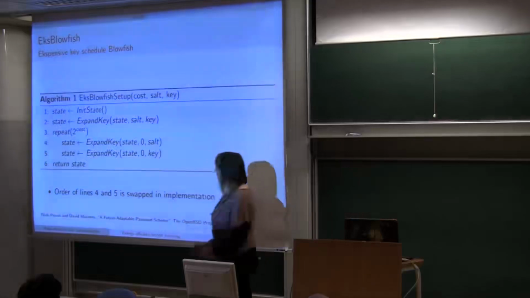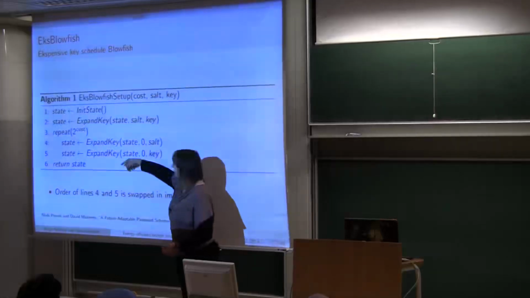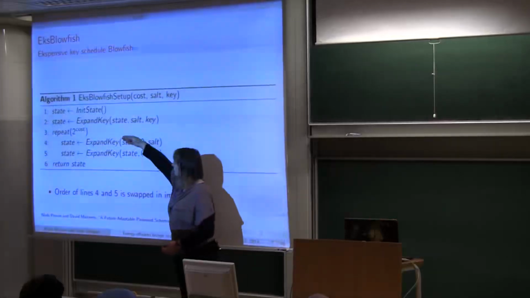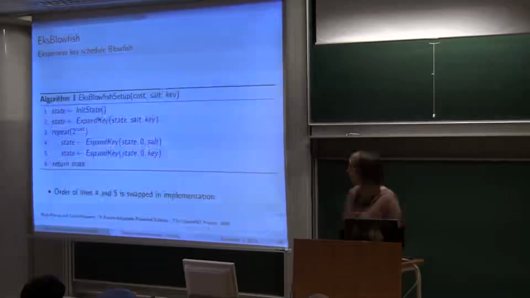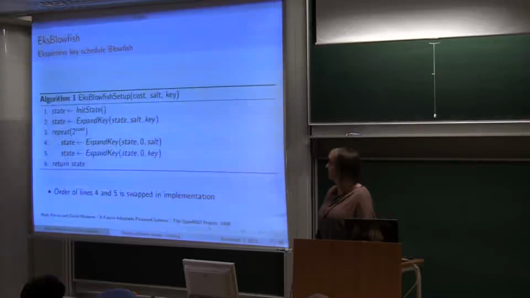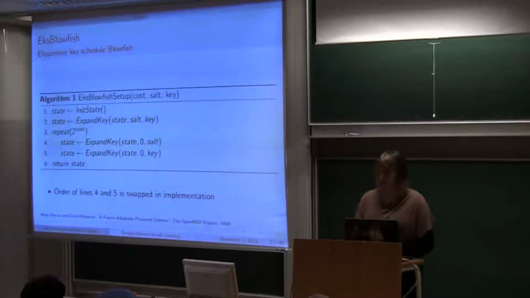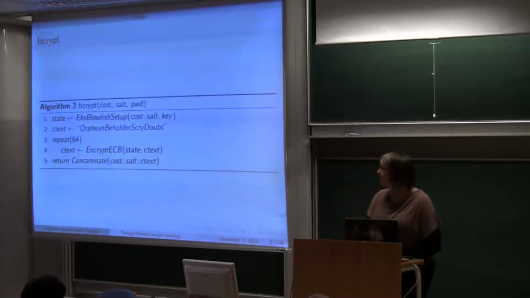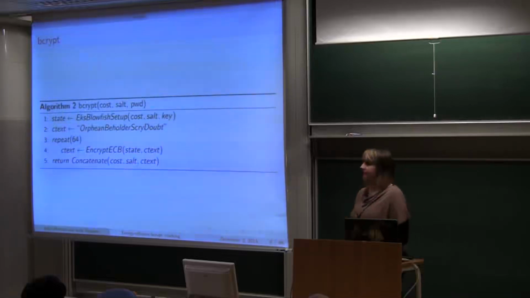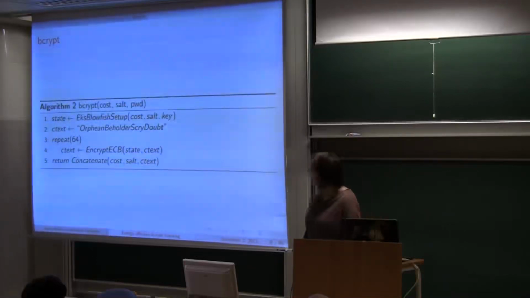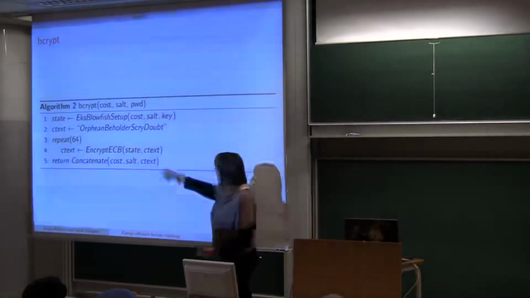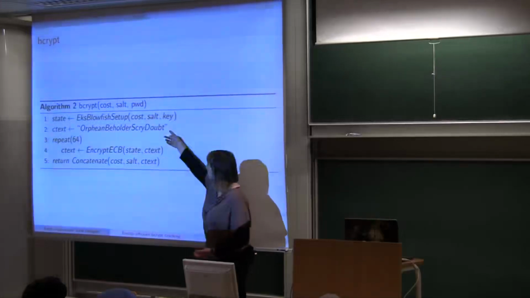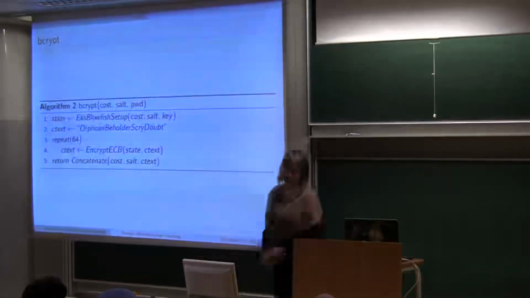The most costly part of this algorithm is this repeat 2 to the power of cost, where this expensive expand key is repeated over and over again. The bcrypt algorithm itself uses the expensive key Blowfish setup, and then the state returned from this part is encrypted with the following string, and returned as a hash.